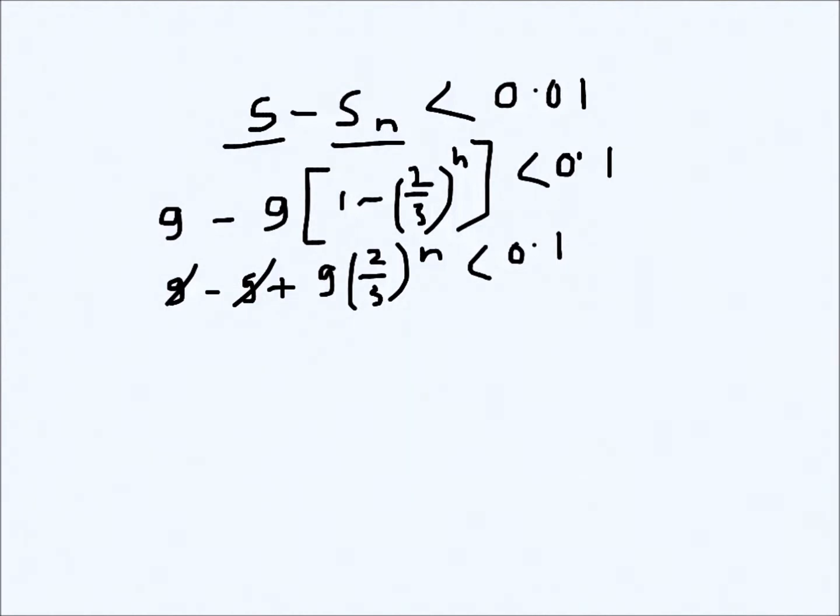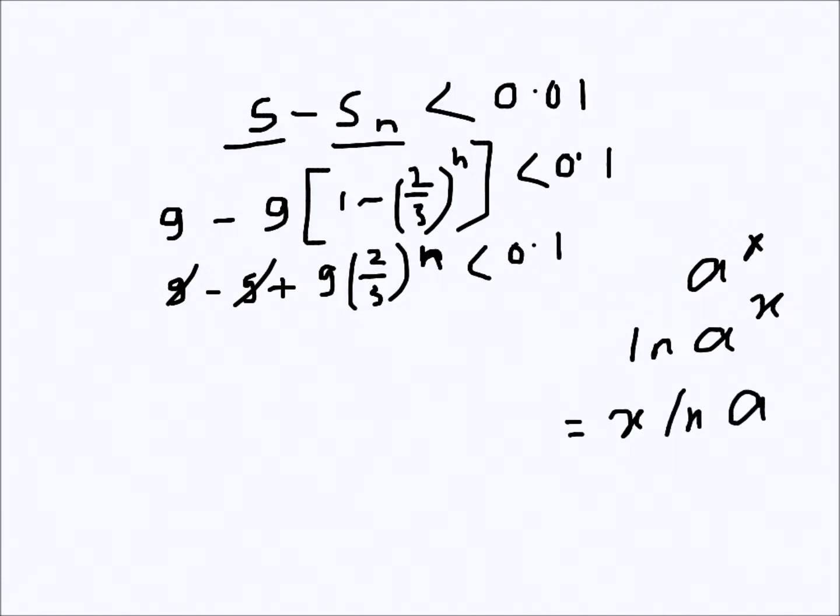Since my unknown value is in a power, the best way to solve these things is taking logarithm on both sides. I haven't made any logarithm video, but if I take ln, the natural logarithm, of both sides, the power comes as a product.